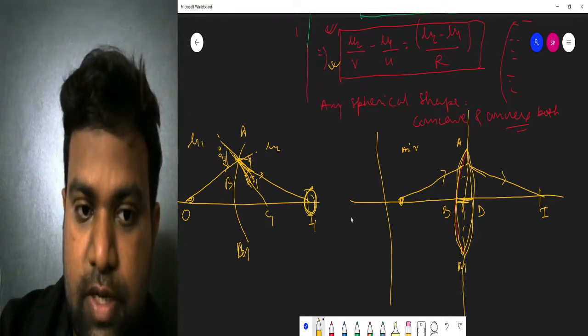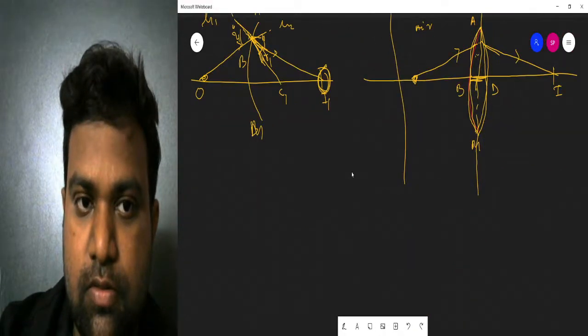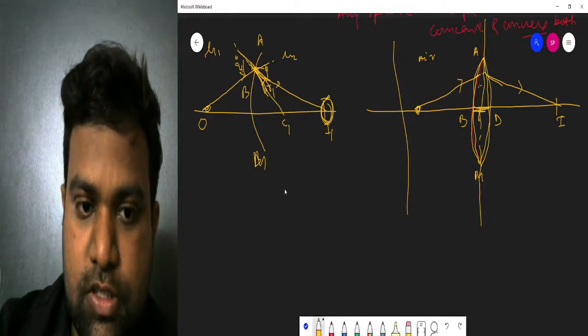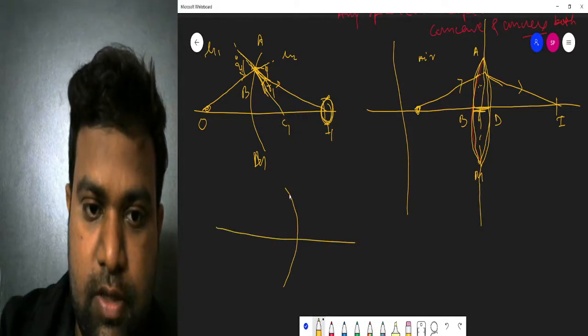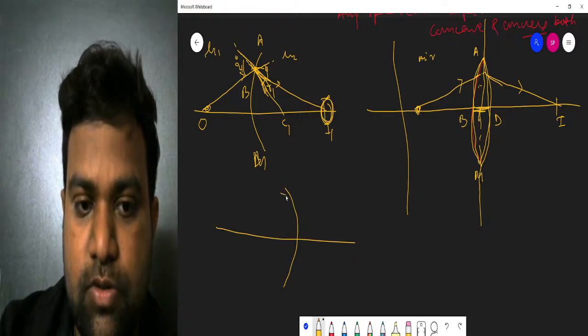So the diagram for the second one will be like this. This is your second surface, and this image I1 will be the object.